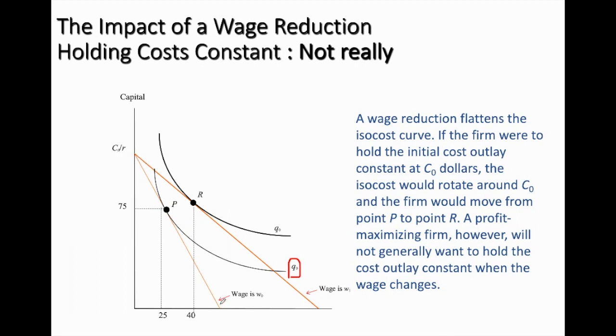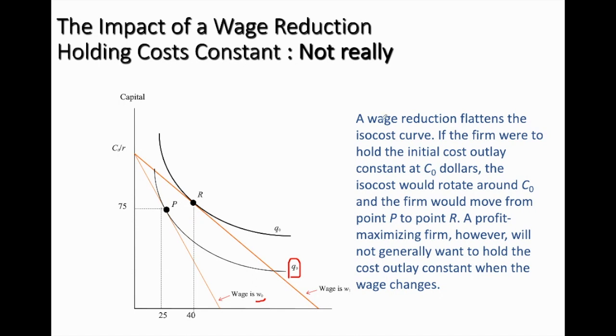And this is the initial isocost, where along this isocost the wage rate is at W0. Given isoquant Q0 and this isocost, point P gives us the tangential point, indicating the optimal input mix to produce Q0. That is 75 units of capital and also 25 units of workers.